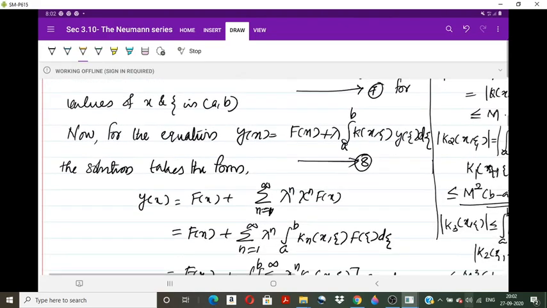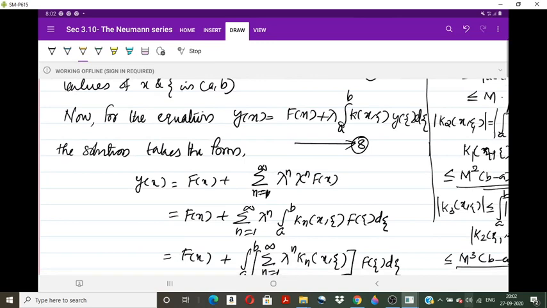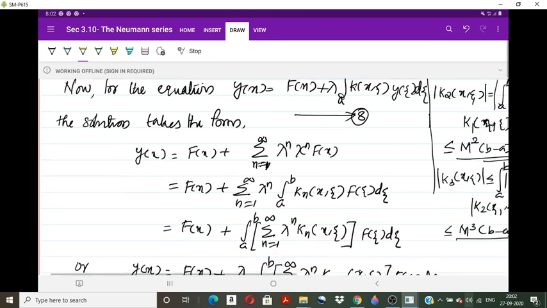Now substituting that value here, the solution is f of x plus summation n equal to 1 to infinity lambda raised to n integral a to b kn of x theta f theta d theta. Now interchanging the summation and the integral, we have f of x plus integral a to b summation n equal to 1 to infinity lambda raised to n kn of x theta, in brackets, into f of theta d theta.